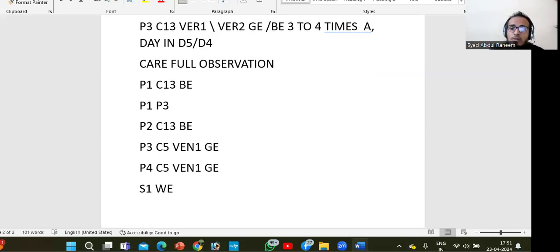If the patient has fever, we have to add F1: F1 Y for initial fever, and for mild, moderate, or severe fever.